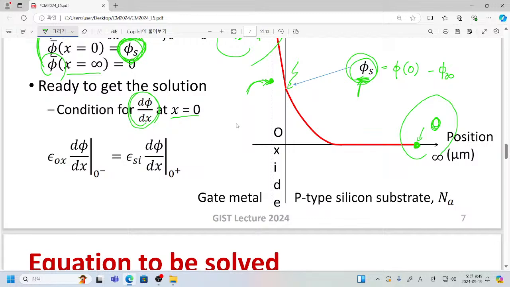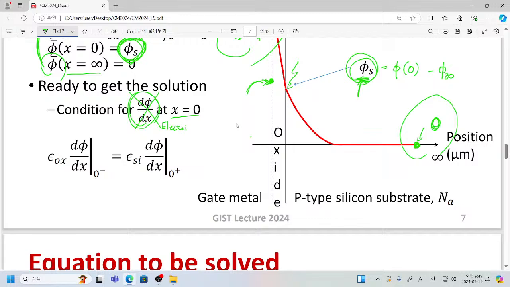Continuity of this derivative? No, it is corresponding to the electric field, but the electric field is not continuous across the material interface. Instead, the normal component of the dielectric displacement vector should be the continuous quantity.